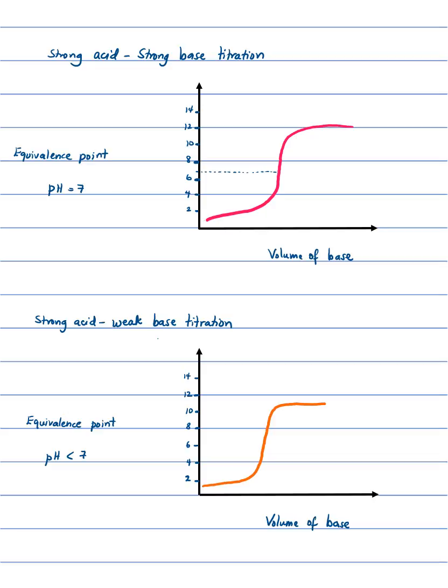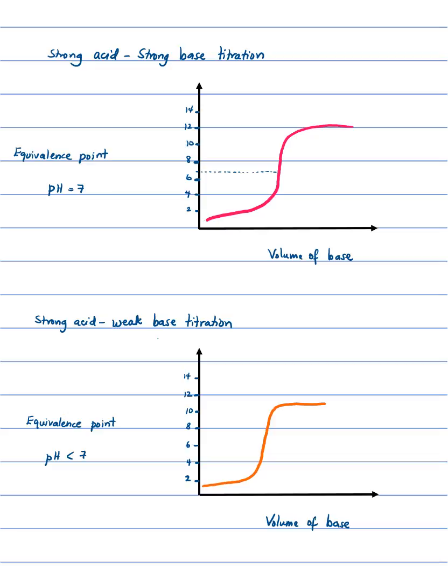There are several things that you can be looking at. First, you can be looking at your initial pH value. For both of them, we have a strong acid, which means that the initial pH value, the pH before adding any base, should be a low number.